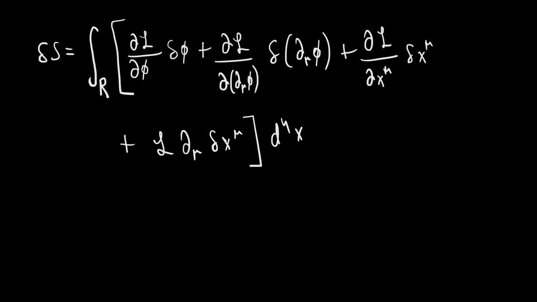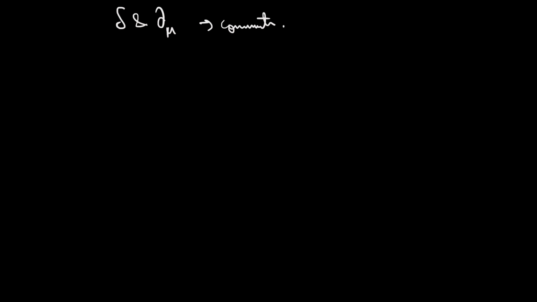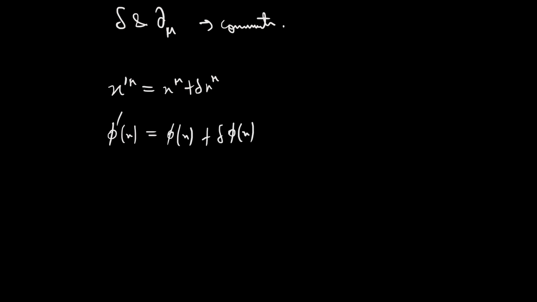Now we can show that delta and del mu commute from this equation. X prime mu equals x mu plus delta x mu. Phi prime of x is equal to phi of x plus variation in phi. So we can use these two equations to show that delta and del mu commute.